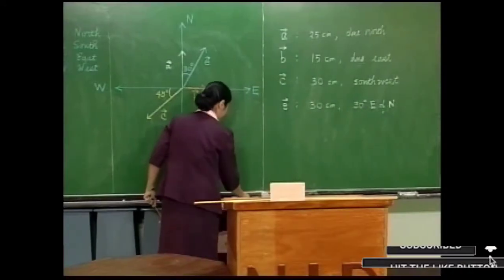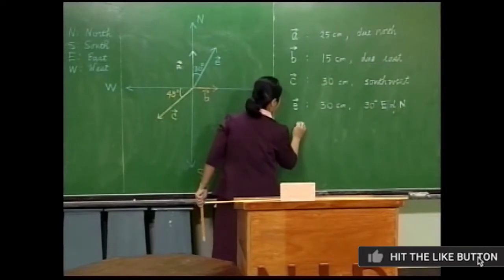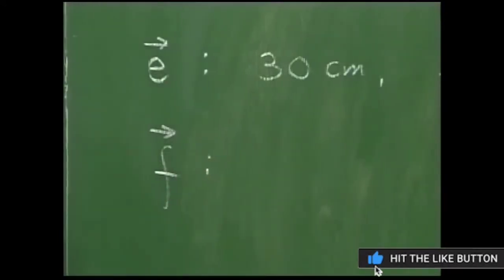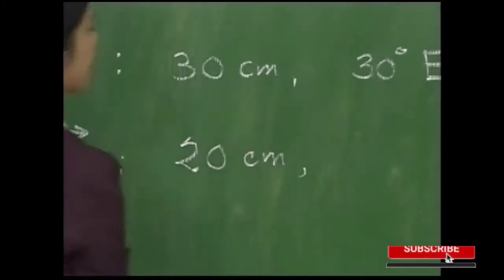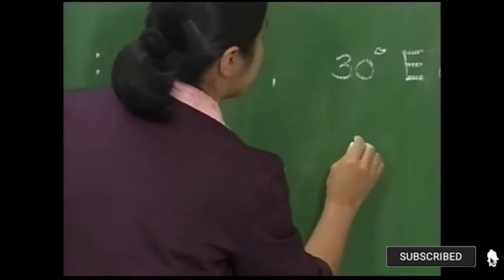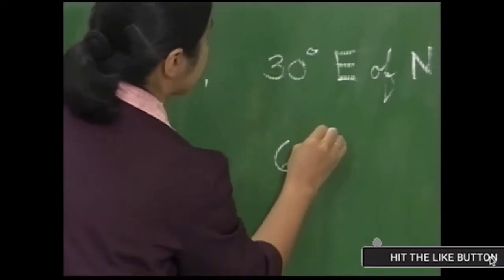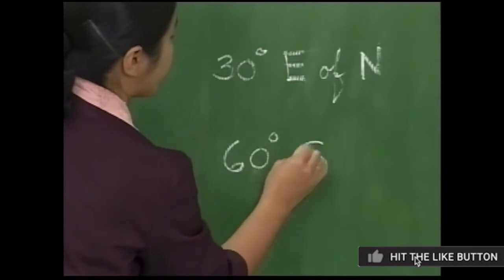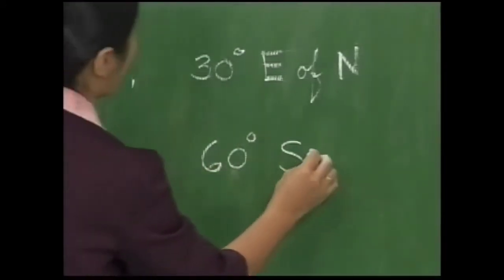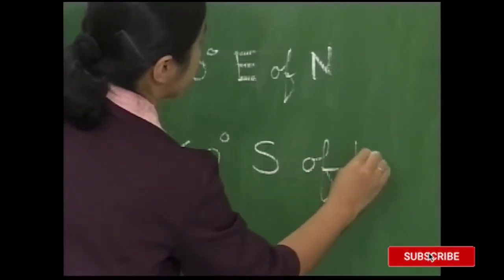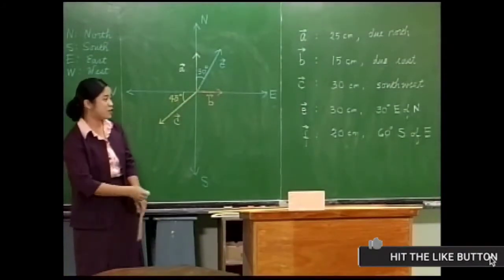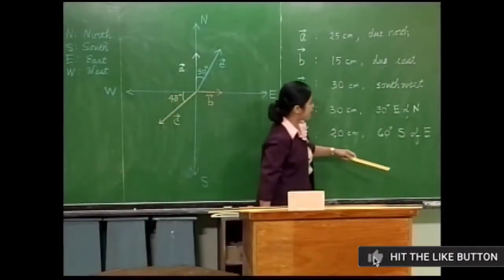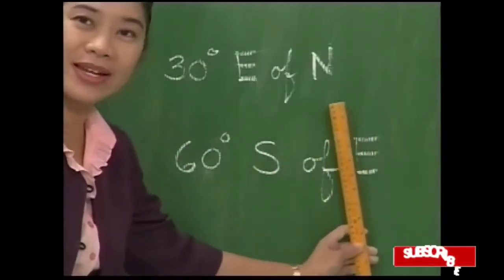Another example, F, say 20 centimeters, let's say 60 degrees south of east. Now, if you did your activity correctly, you will again start with the one at the right.